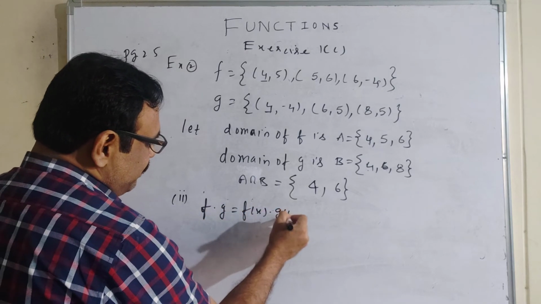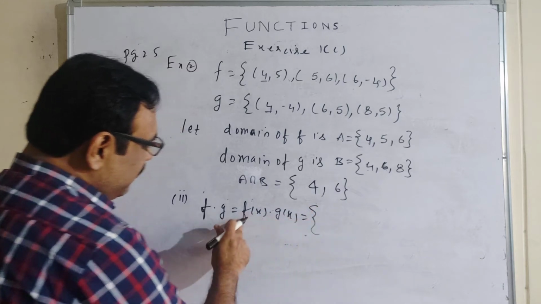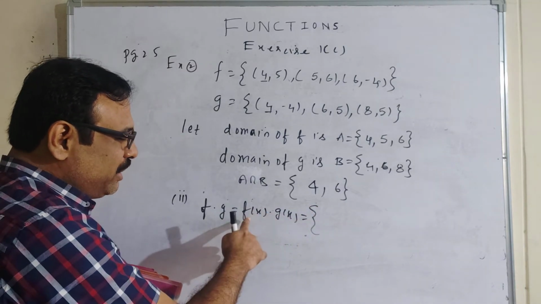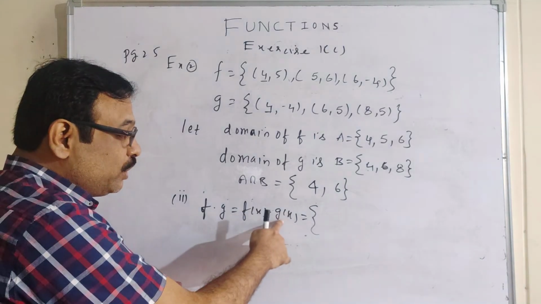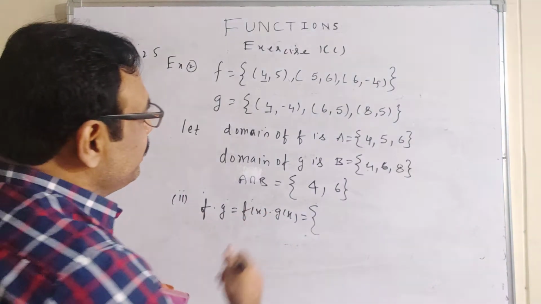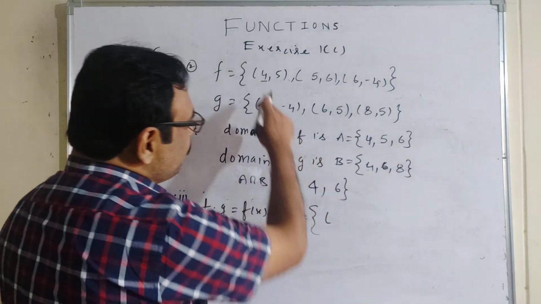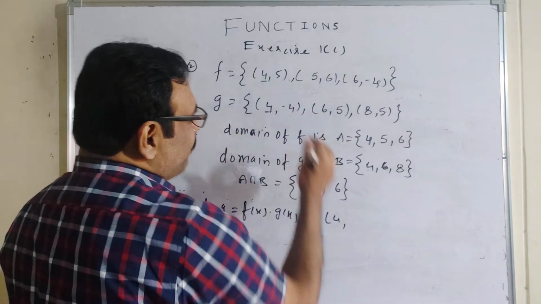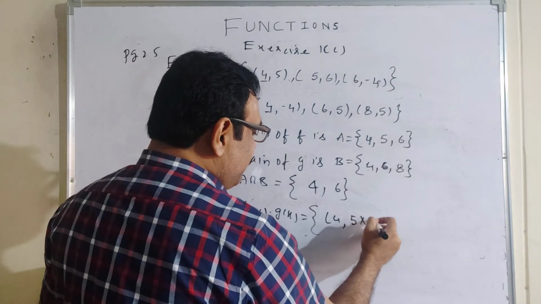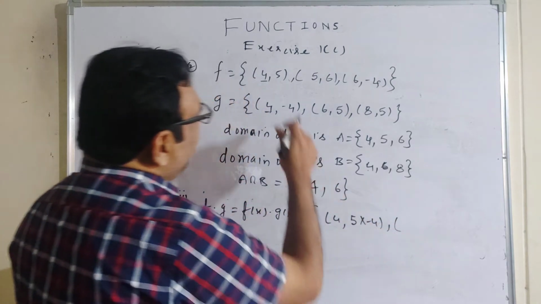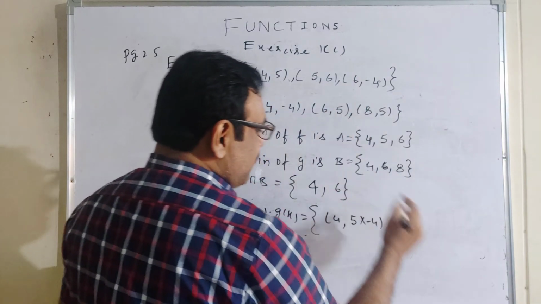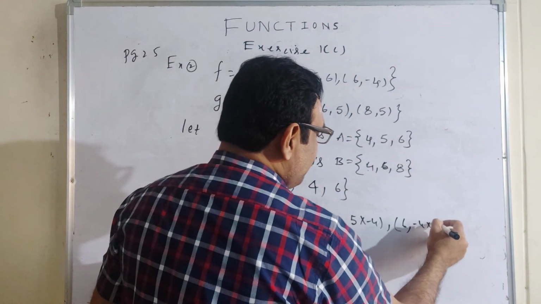f of x into g of x, and both are connected to codomain elements, this is the codomain element of function f, and the codomain element of function g. So first you will be writing this is going to be 4, this is going to be 4, you write down 4 as it is, you multiply 5 into minus 4, comma, and here you are going to write 6 and this is also 6, and the codomain elements you multiply.